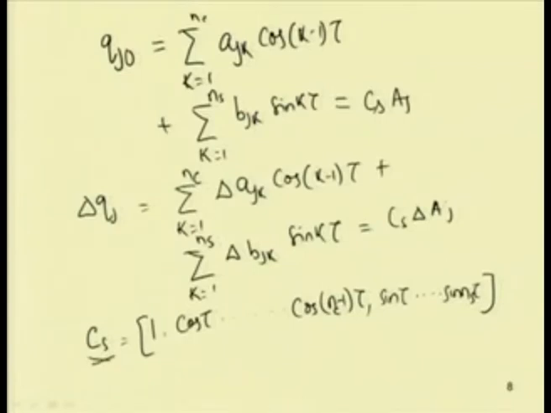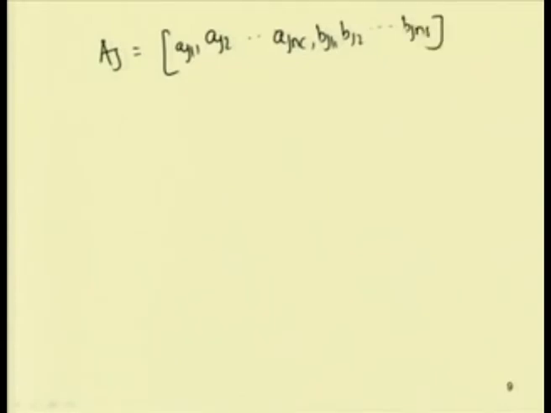So, one can write q j 0 using this form, that is C s into A j, and the delta q j term also as C s into delta A j. Here A j is nothing but the coefficients. So, A j can be written as A j 1, A j 2, up to A j n c, and then it starts with B j 1, B j 2, up to B j n s, where n s is the number of sine terms.